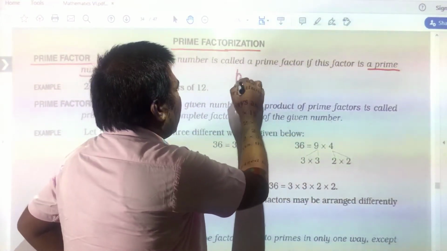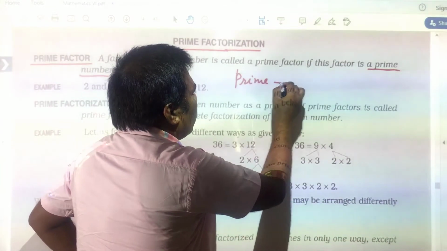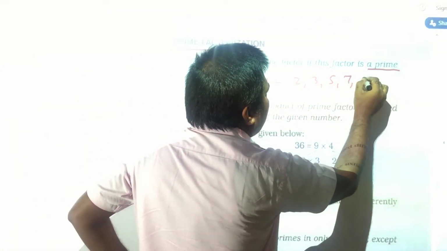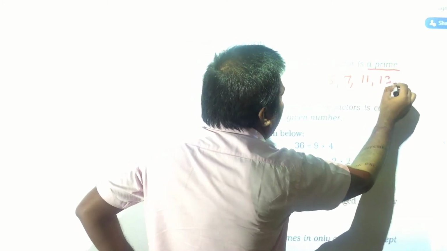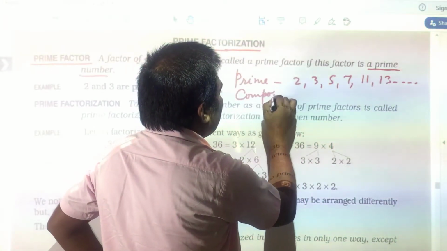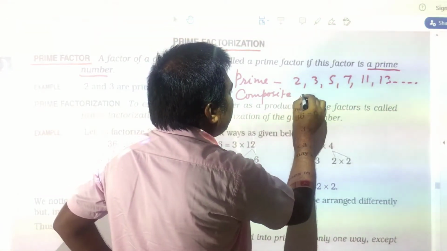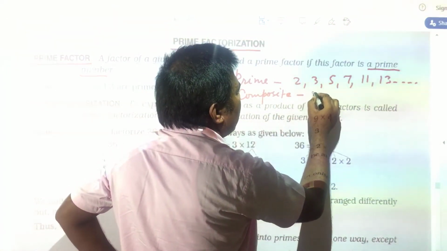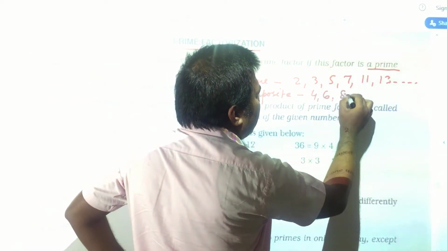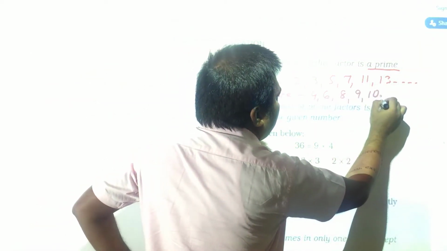Prime numbers, as you already know, are 2, 3, 5, 7, 11, 13 and so on, and composite numbers are 4, 6, 8, 9, 10, 12 and so on.